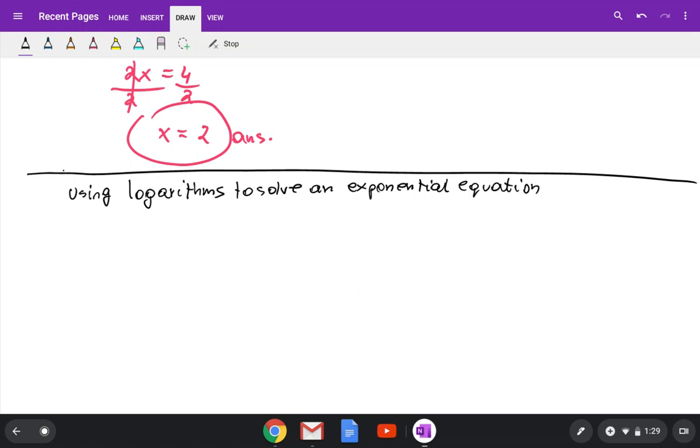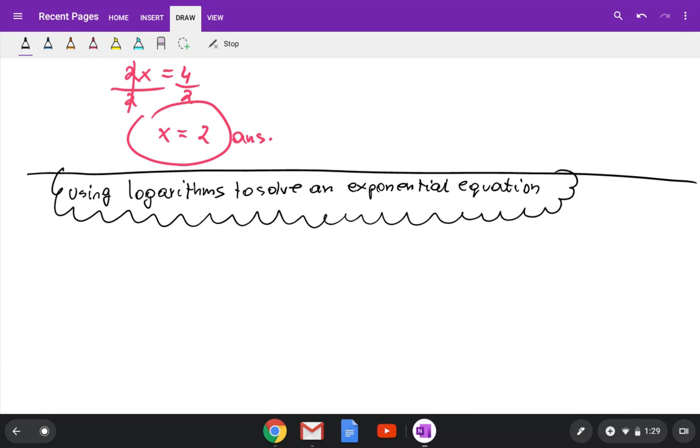So the rule is, to be honest, now that you know both functions, exponential and logarithmic: when you see exponential equations, if you can't use the one-to-one property, you change them to logarithmic equations. If you see logarithmic equations, you change them to exponential. So the hint: we're going to change exponential equations to logarithmic equations.